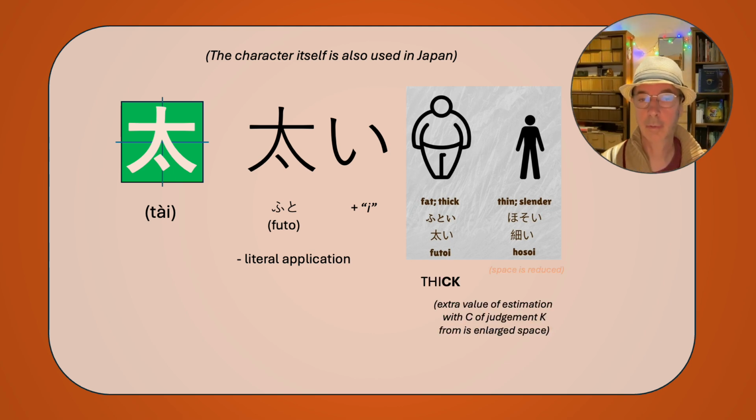I found it quite funny actually, the English word thick, an extra association: a point reference in space that looks inside with C, tries to estimate with K and judge in a way, because it questions what's going on here, and shows its enlarged space, that it's thick.